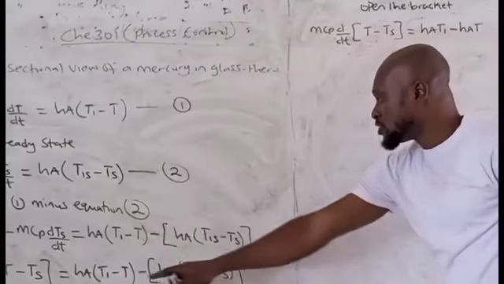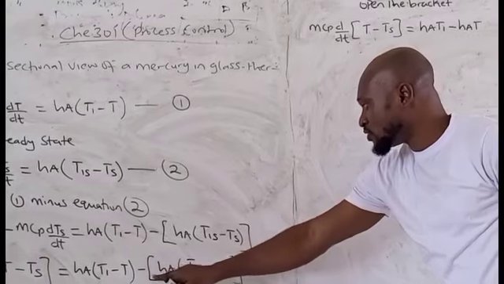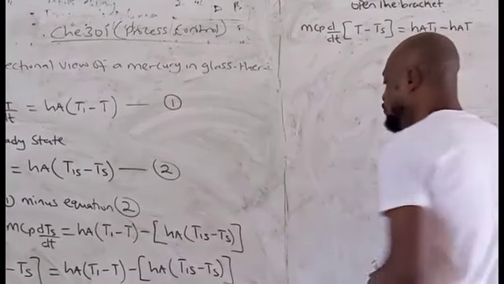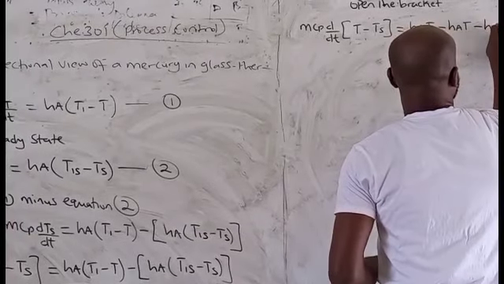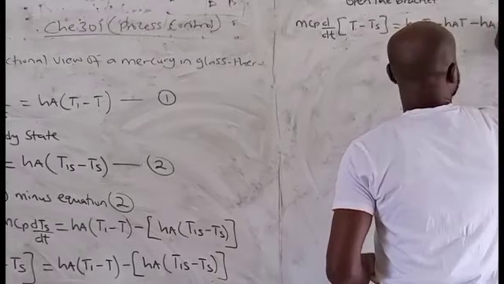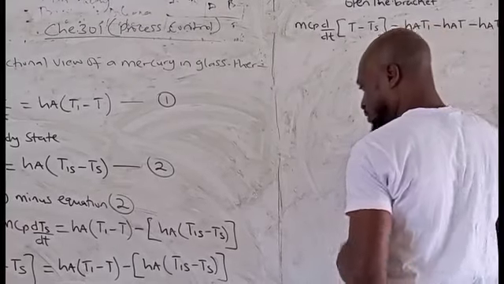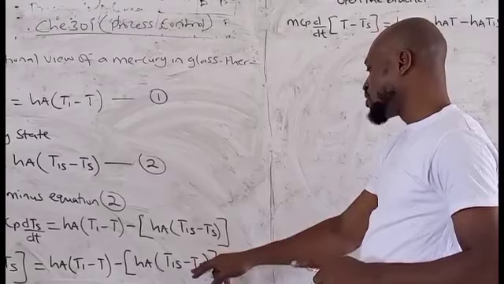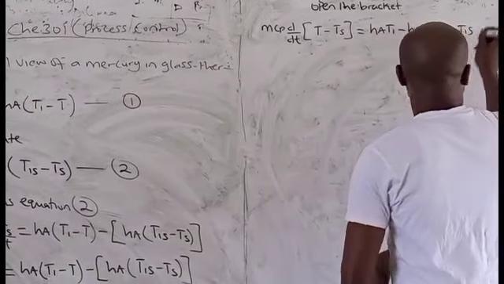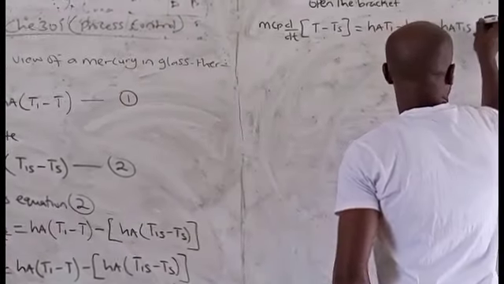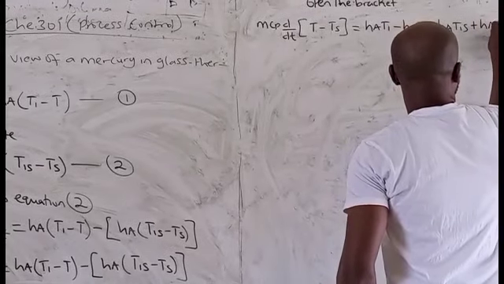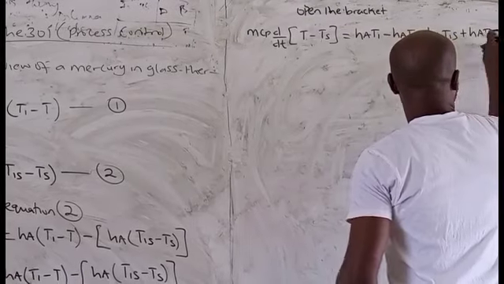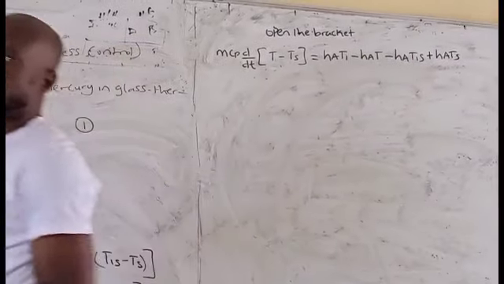Then I'll use this minus sign. This minus HA times T1s will give you minus HA T1s. Then minus HA times minus Ts will give you plus HA Ts, because minus times minus give you plus. This is what I'm going to get.